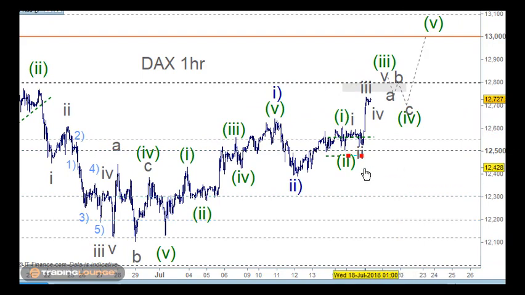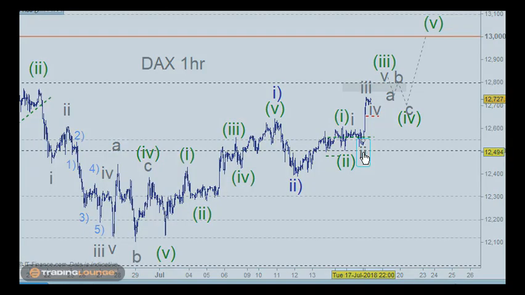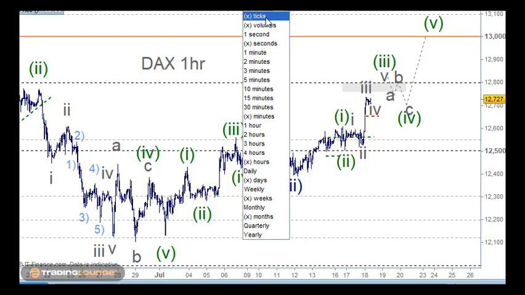So in terms of being long in here, we could probably put that stop in around here for the time being. Let me just have a look at that a bit closer. We'll get a fix on that.